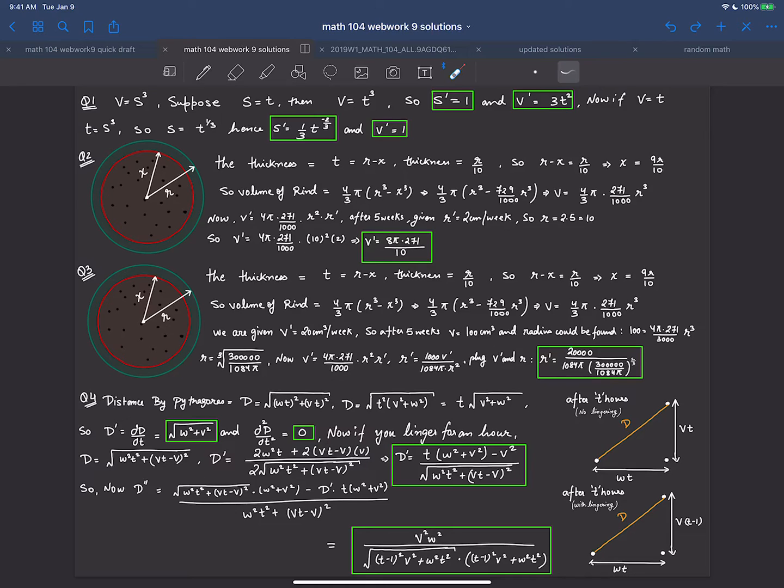After 5 weeks, given this rate of volume growth, you figure out the volume after 5 weeks, which is 20 times 5, so 100 centimeters cubed. Now, when the volume is 100 centimeters cubed, the radius can be found by the same formula. You plug in 100 here and solve for r, and you get this value. This r value is the radius at the moment of evaluation when you're going to use it.